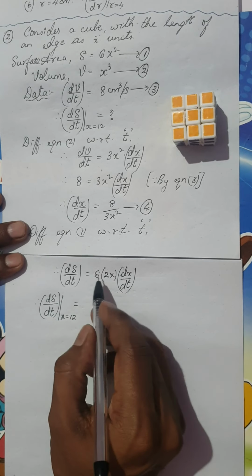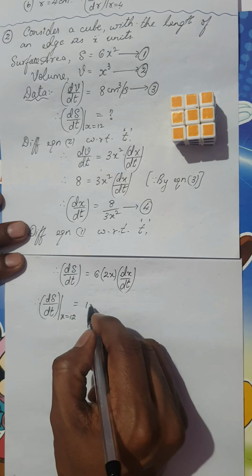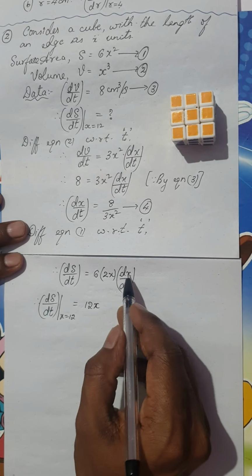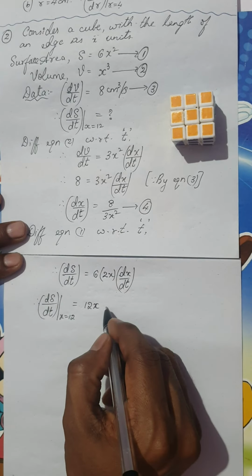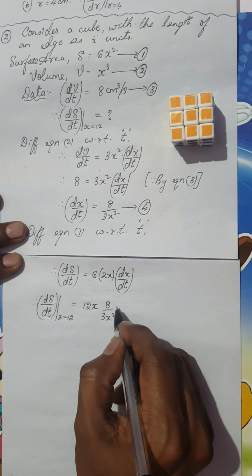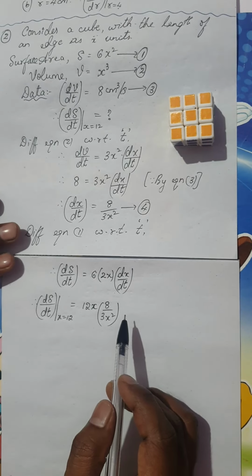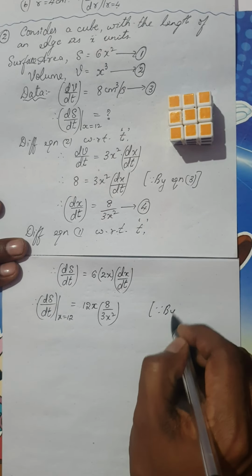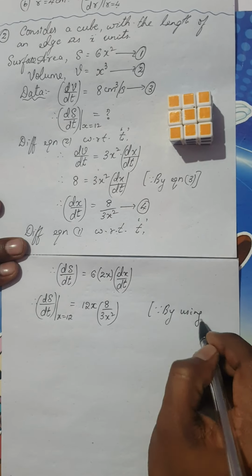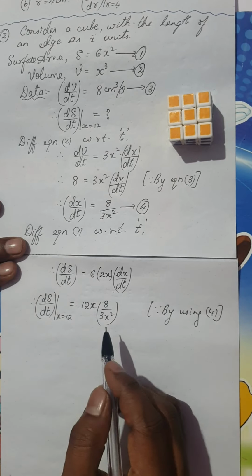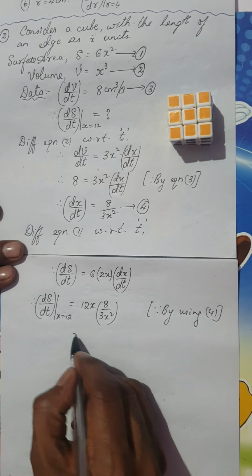This is nothing but, now what is 6 2s are? It is 12x into, now what is dx by dt? You can substitute dx by dt, which is 8 divided by 3x square, using equation 4. So you can multiply this.